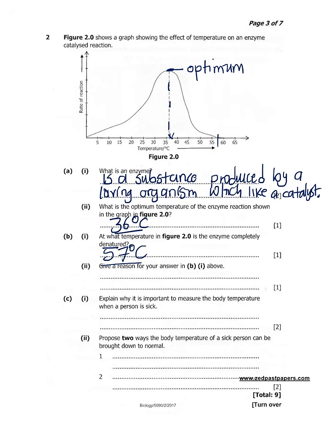Now let's move on to Roman number 2. Give a reason for your answer above. So the reason why we can say this is where there is a completion of denaturing of enzymes is because as long as the graph is touching the x-axis, it shows that the reaction has stopped.